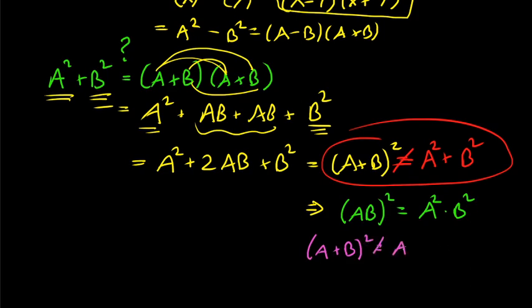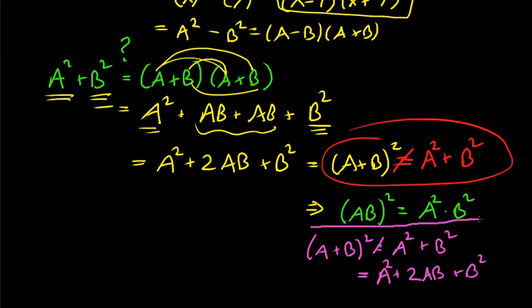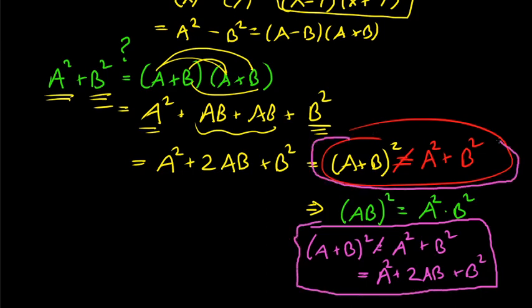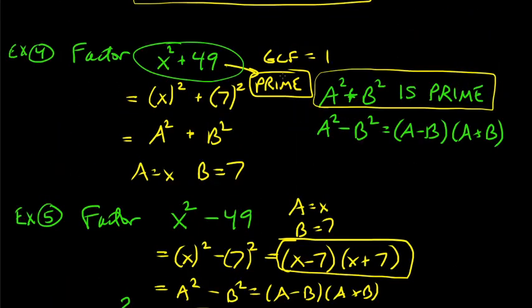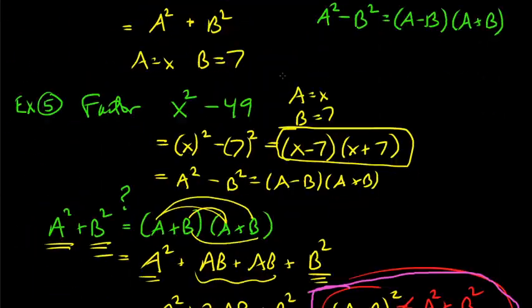This is not a squared plus b squared. Instead, we know what it is. It's a squared plus 2ab plus b squared. So if you're missing that 2ab, then it's just not right. It's not going to work. Okay. So be careful not to make this mistake. Right. All right. So back to the difference of squares where we know this is factorable.